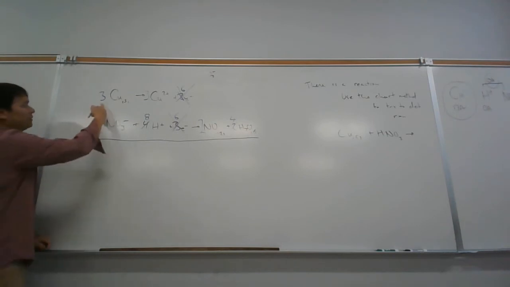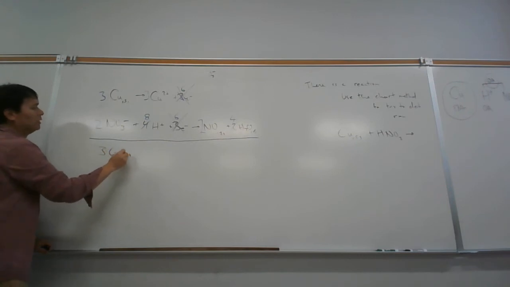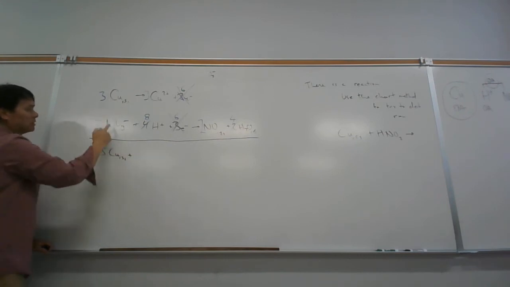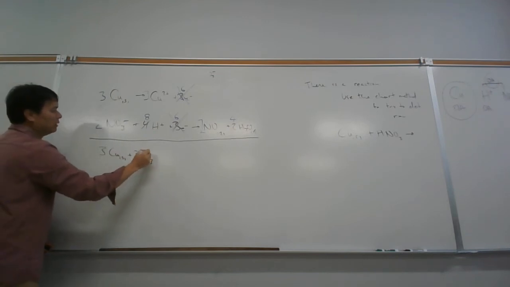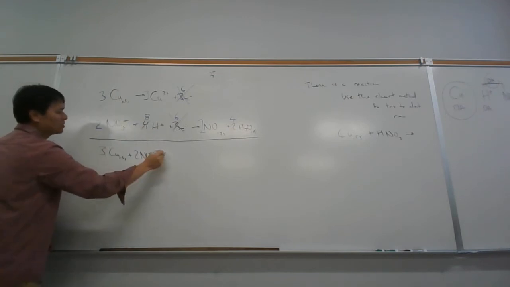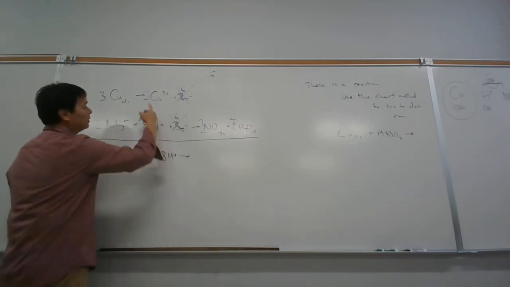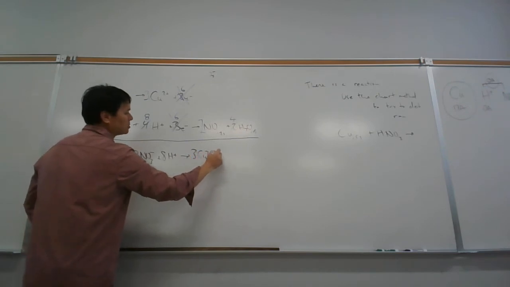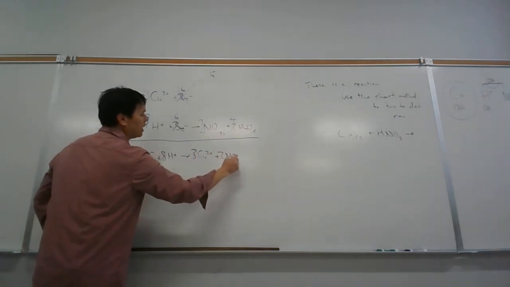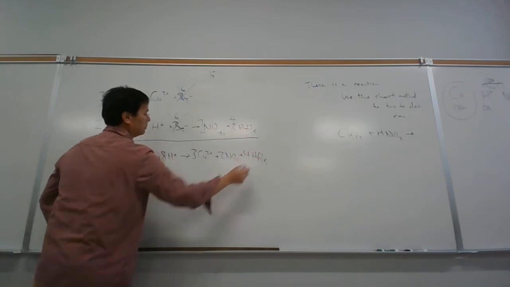If I add everything up on the left, I have 3 Cu solid. Okay, that takes care of this. Then I add these on the left, plus 2 NO3 minus plus 8 H plus yields 3 Cu2 plus. So combine everything on the right, plus 2 NO gas plus 4 H2O liquid.